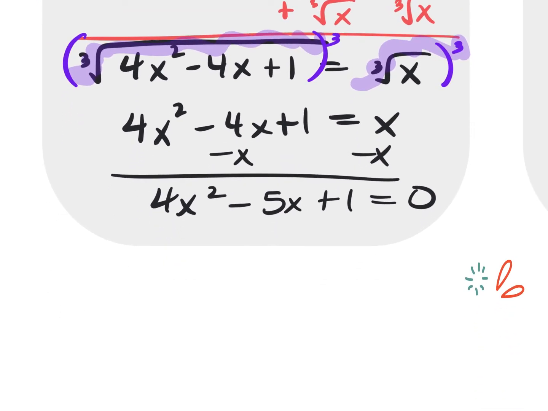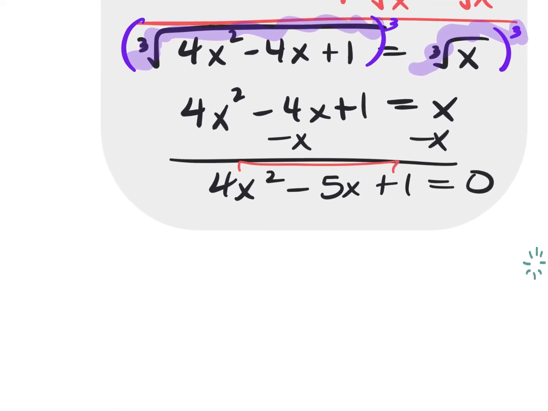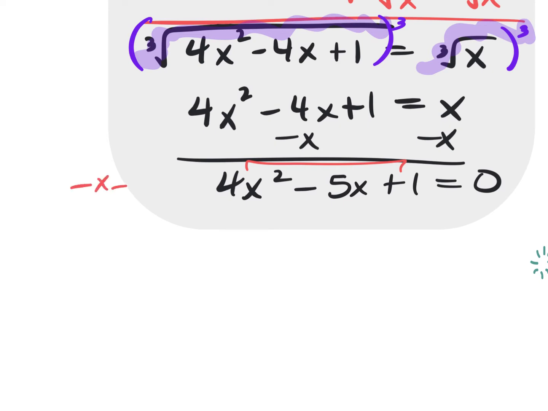But I know a lot of you like the grouping, so I would be multiplying the first and the last. So I'm looking for two numbers that will multiply to give me 4, but who will add to give me -5. So 4x squared. It's not 2 and 2, it's going to be 1 and 4, but they both have to be negative.